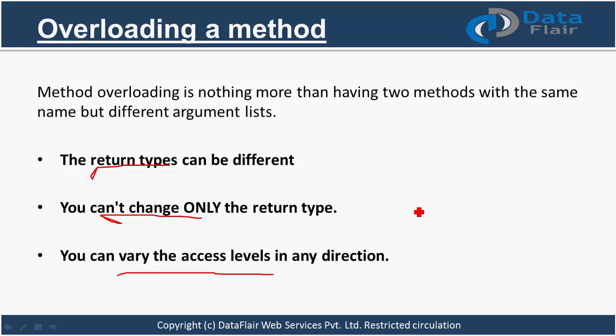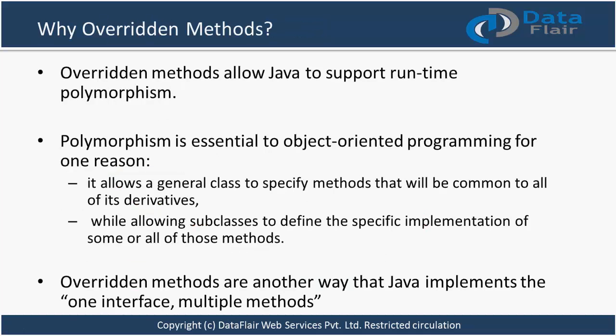That doesn't mean a new method called show with different parameters cannot be private. They can have any access level, in any direction. So overloading is having methods with the same name but different parameters, or you can say a different signature.